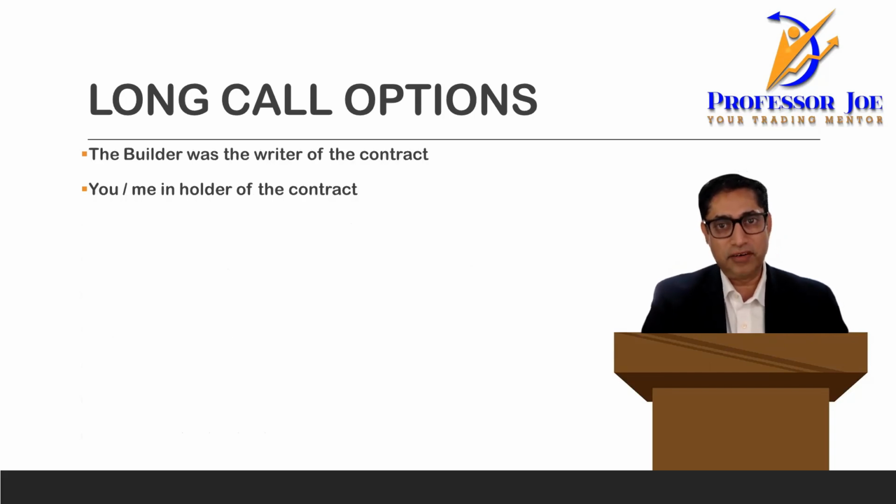In the real-world case, the builder, the one who is constructing the building, is the writer of the option because the builder is selling. Whereas you, the purchaser of that contract, are the holder or the buyer of the option.